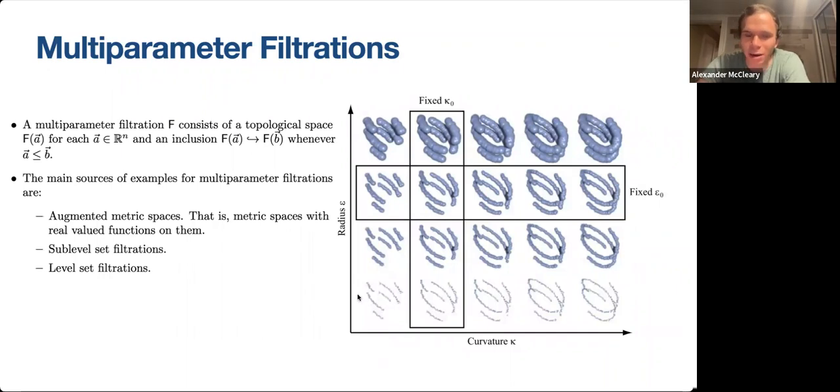Instead, we're just including more and more of the points from our metric space into the picture. But if we look at the left column now, we're working with the same points in each part of this column, but we're growing the balls around each bigger. So you can think about these Rips bifiltrations as a filtration incorporating both curvature and radius here.